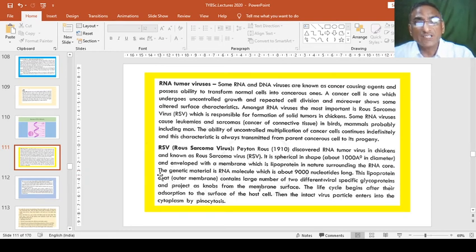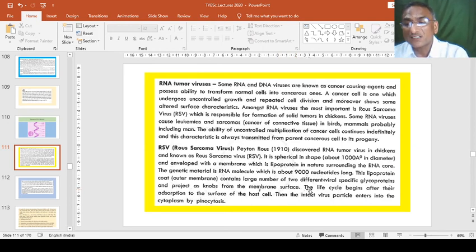The genetic material is an RNA molecule, which is about 9000 nucleotides long. This lipoprotein coat or outer membrane contains a large number of two different viral specific glycoproteins that project as knobs from the membrane surface.